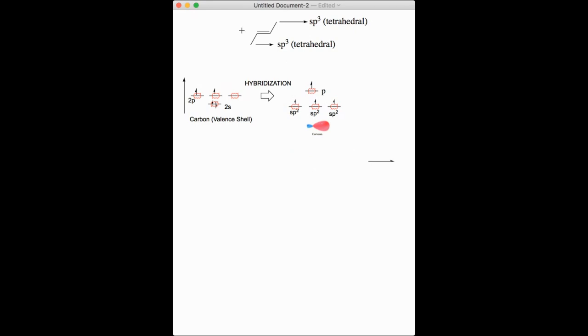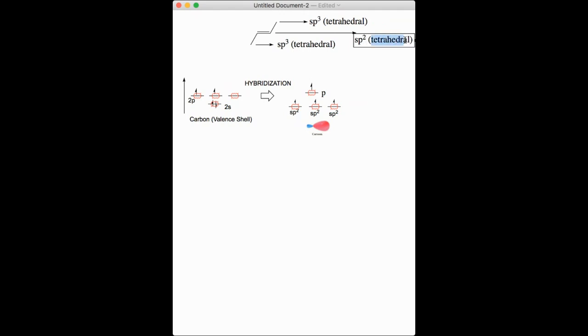Okay, so any carbon with a double bond will be having 1 pi bond through the p orbital, and the 3 remaining sigma bonds will be through hybrid orbital sp2. So these carbons will be sp2 hybridized. And if you superpose these sp2 orbitals, they will come to a perfect trigonal planar shape.